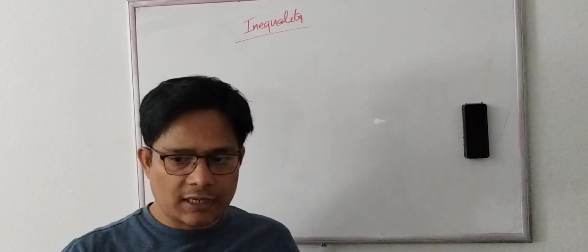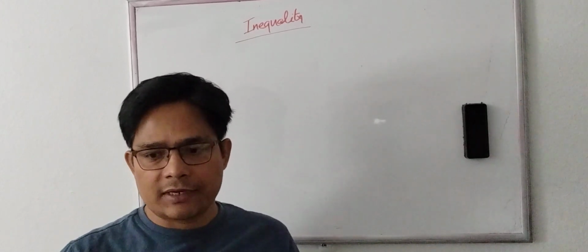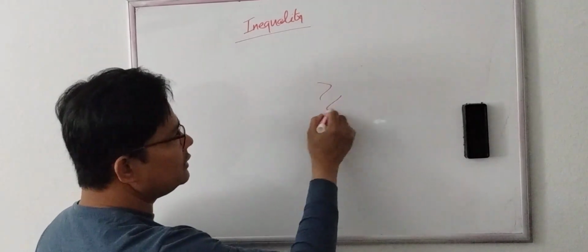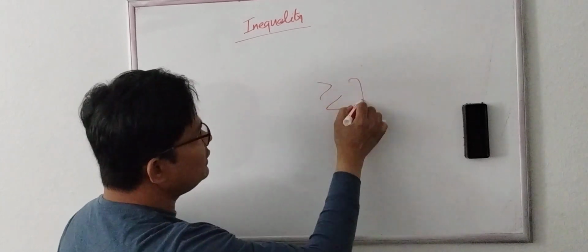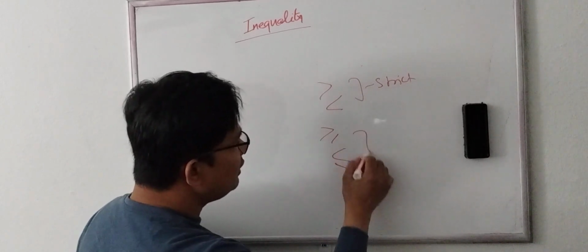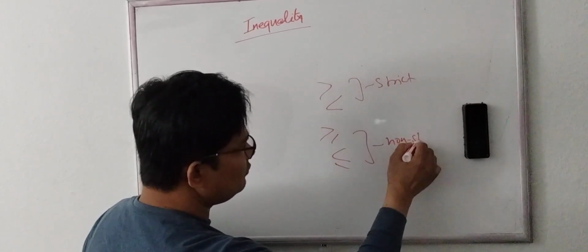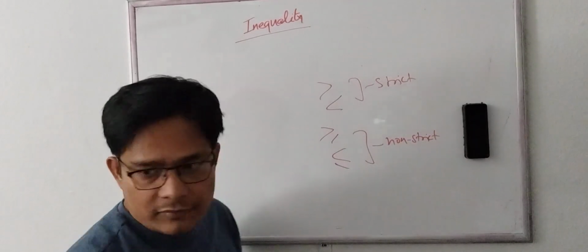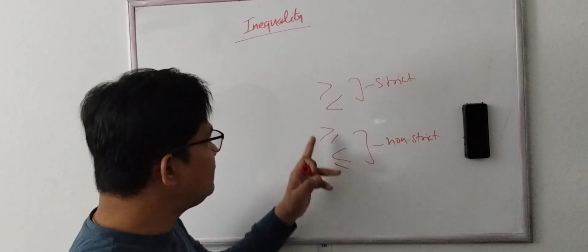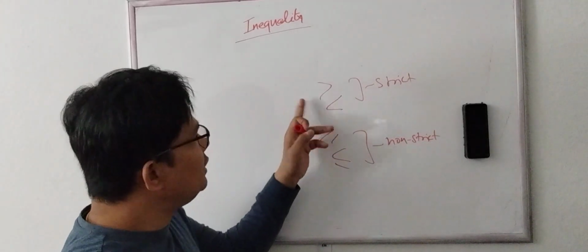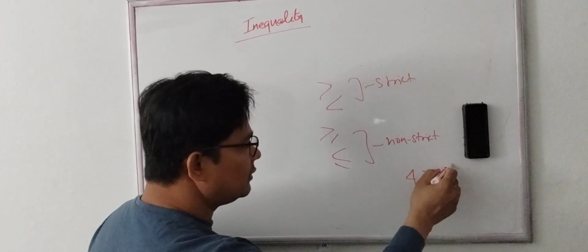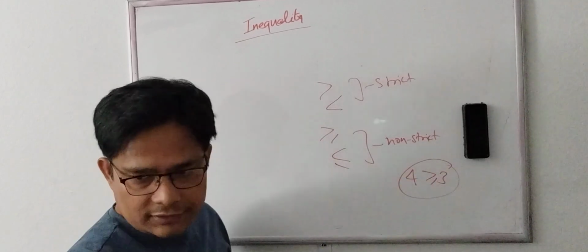And when you have greater equal or less equal, this is non-strict. In case of expression, you will have this kind of relationship, but in case of constant numbers, you will have this, okay? But 4 cannot be greater equal 3. It can be just greater than 3, not equal to 3.